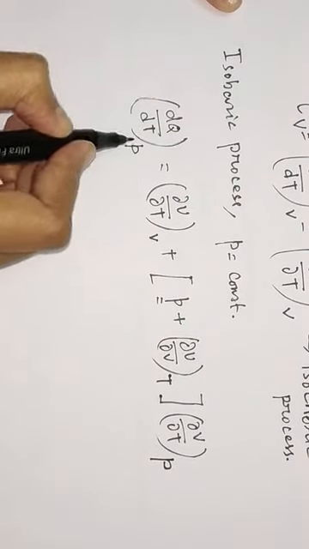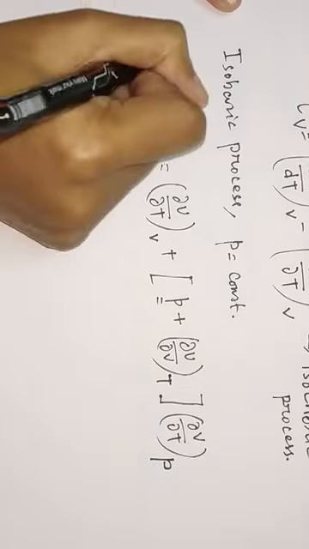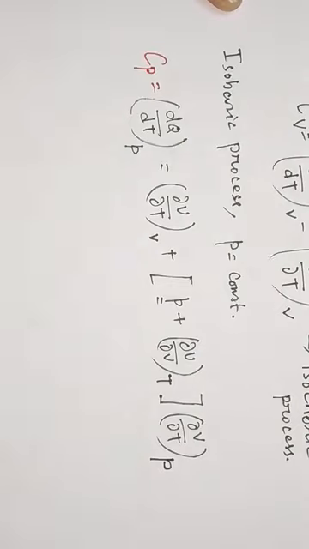So what is dq/dT at constant P? If we follow the previous logic, we can say that it is the specific heat capacity at constant pressure.